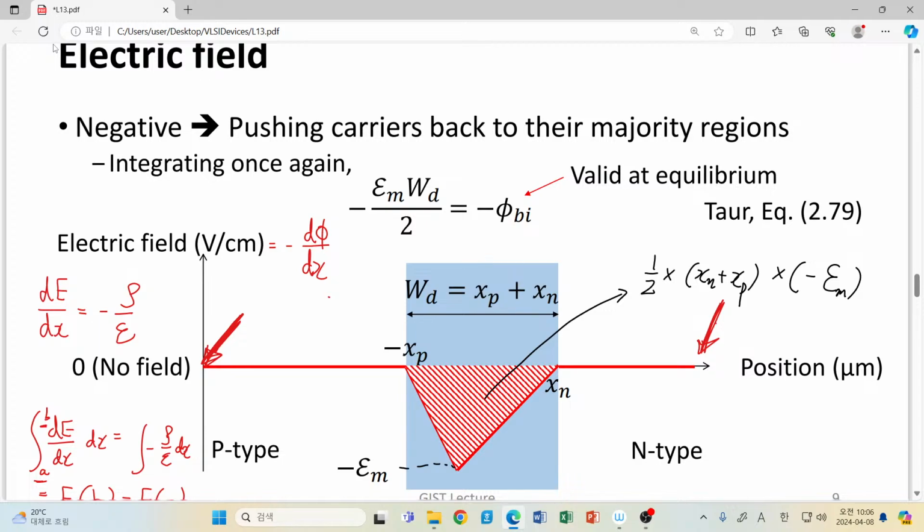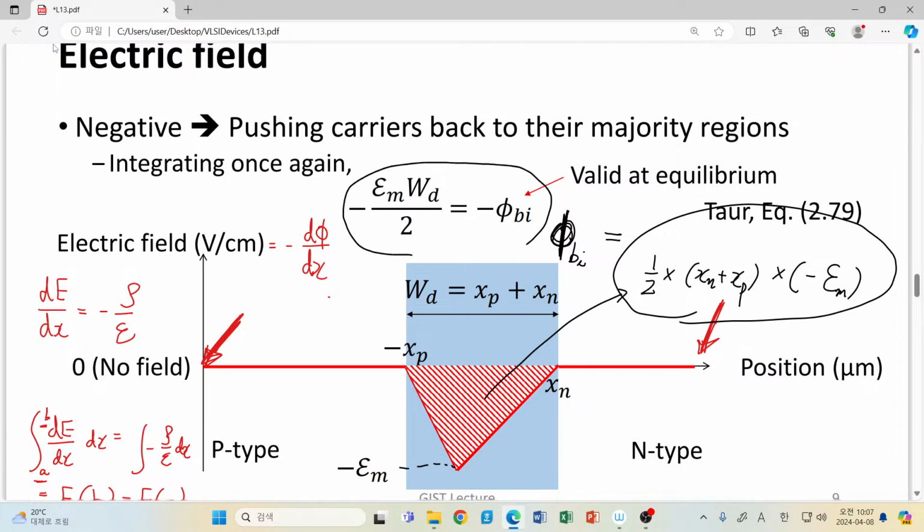So this is the integration of the electric field, and it is equal to what? The potential difference between the p-type region and the n-type region. We introduce a certain symbol, the built-in potential difference, in our course. Therefore, we have this kind of expression.